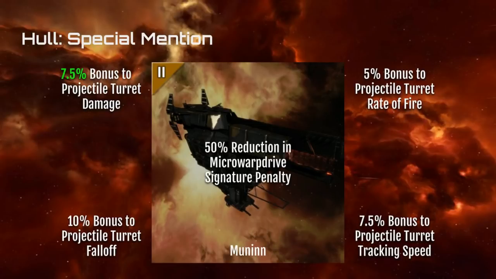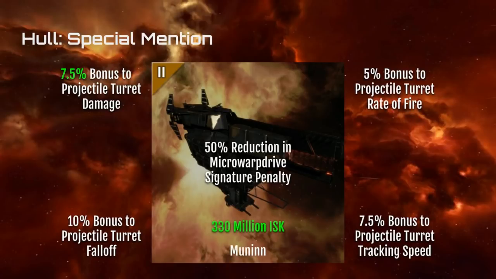So your turrets aren't having to work as hard to track the thing that you're circling at a high speed, and it's able to land those hits. So the 7.5% bonus to turret damage and the 7.5% per level bonus to tracking speed means that provided you're sitting in optimal or fall off, you're going to be able to reach out and touch somebody. It's like the old AT&T commercial, reach out and touch someone. And if you want to do that, do it in a Muninn.